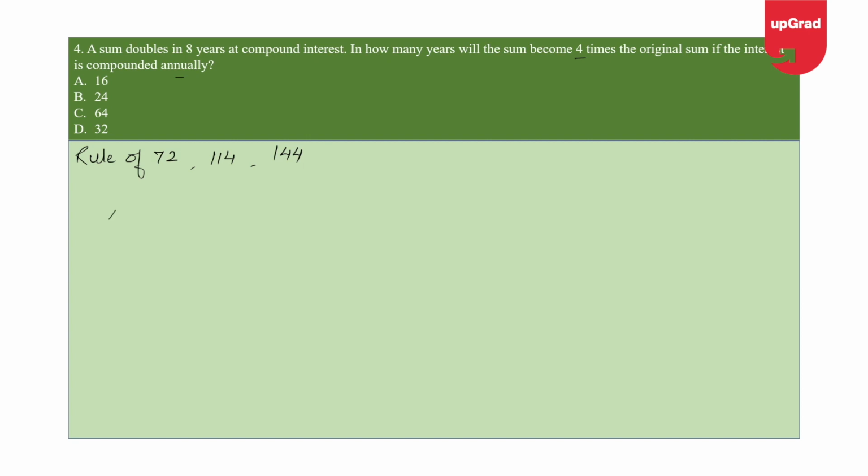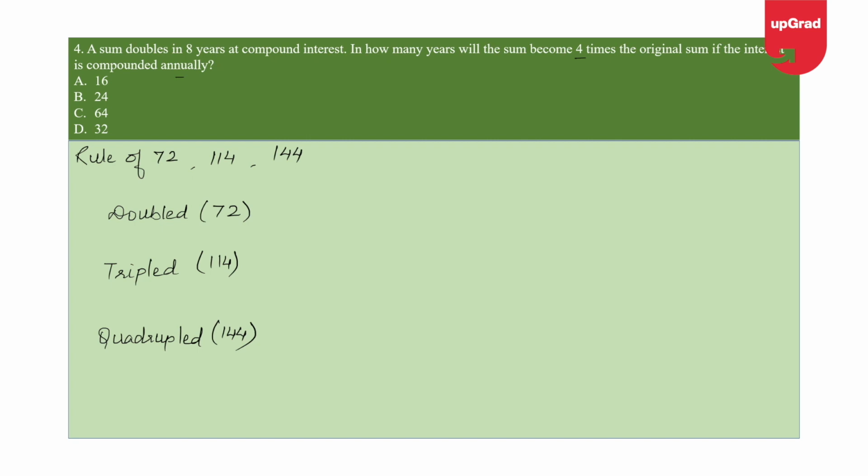If the value gets doubled, if the value gets tripled, and if the value gets quadrupled, that is 4 times, instead of solving the question with the conventional method, I can use these three numbers, that is 72, 114 and 144. I repeat, I have a complete video on the rule of 72, 114 and 144. You must watch it again.